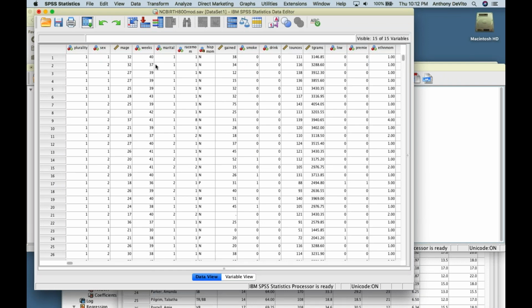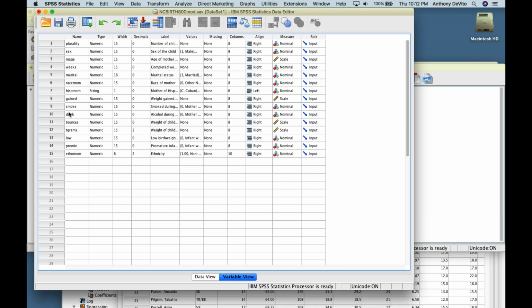Okay, let's see. Let's say that I want to see mother's marital status, only 2 variables there, drinking status, premature, ethnicity of the mother. Okay, let's go here to the variable view. The ethnicity of the mother. Let me find it.